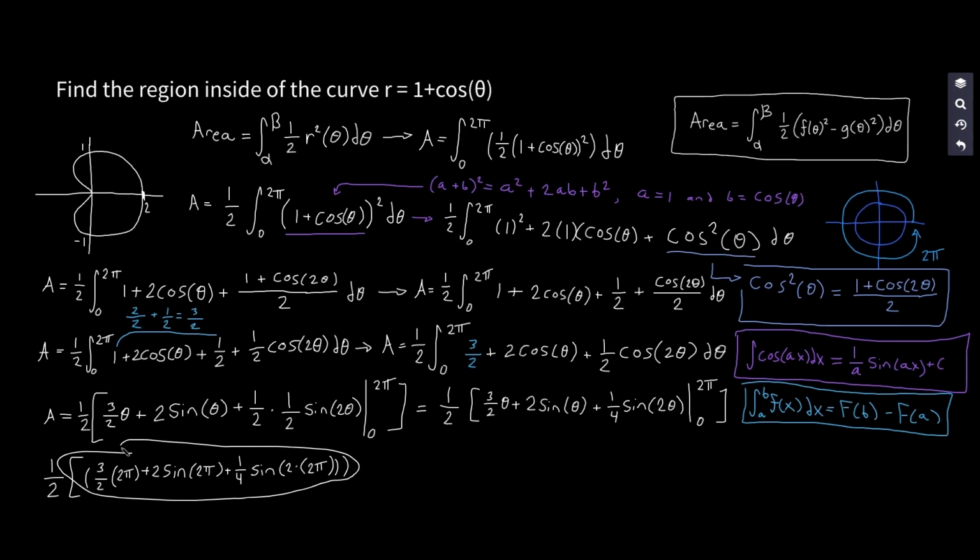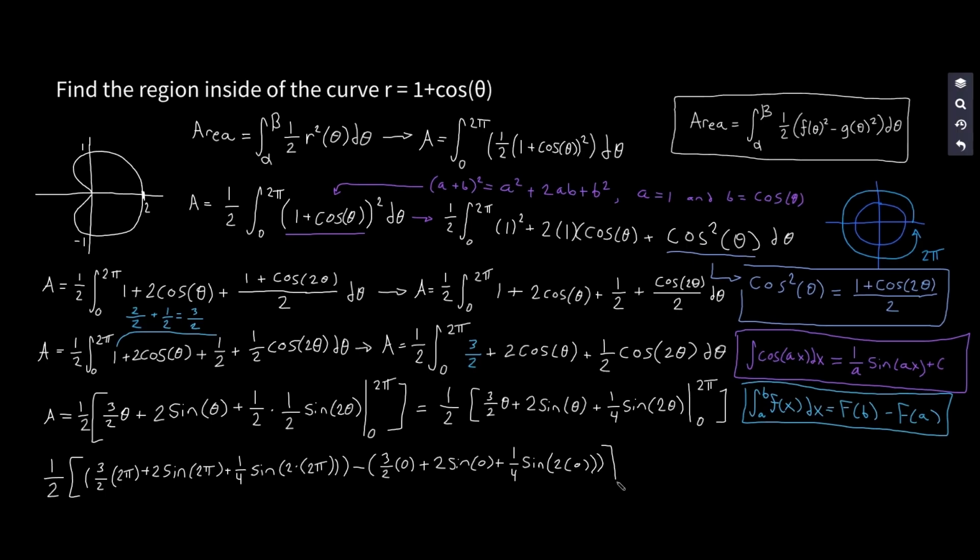This is the upper bound of integration. But the fundamental theorem of calculus says we have to subtract what we get when we plug in the lower bound of integration. So let's go ahead and do that.